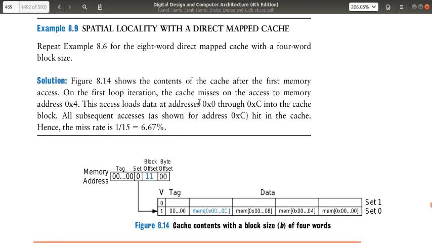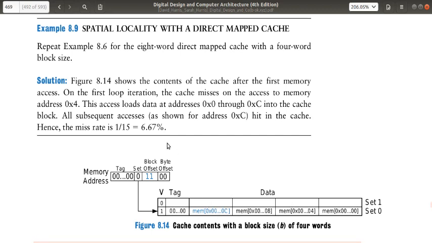In the first iteration, the first location to be read was 0x4, and as a result, the data from 0x0 to 0xc is copied. That is, 4 words are copied, and the reason it is read from 0x0 to 0xc is because the blocks are arranged in the main memory that way. So memories 0x0, 0x4, 0x8 and 0xc will be copied into the cache.